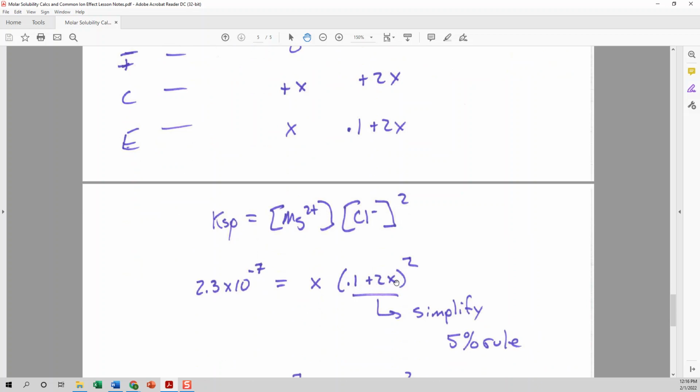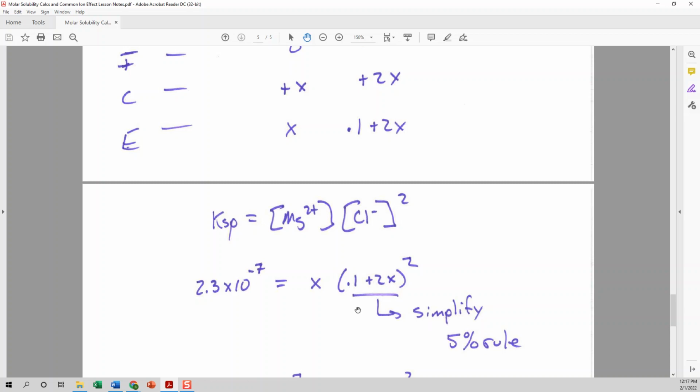So 0.1 plus 2X is essentially just 0.1. So we're going to simplify that. We're going to get rid of that 2X because if I actually included that, I would get a number like 0.10001 or 0.10003 or something like that. And that's essentially 0.1. So we're just going to call it 0.1.